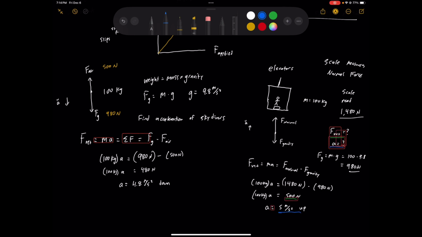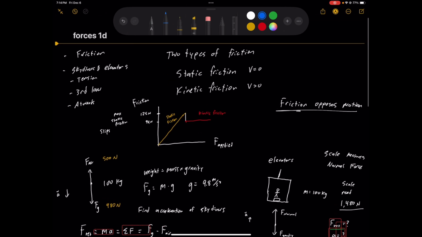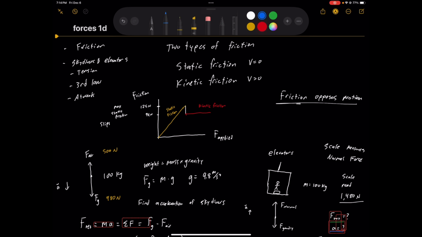All right, so that's some simple vertical forces, and now let's look at the third law. Actually, we're going to look at some examples with tension. So we took care of friction, we took care of some vertical forces, and now we're going to do some important tension examples.